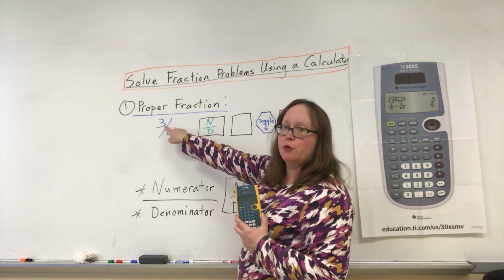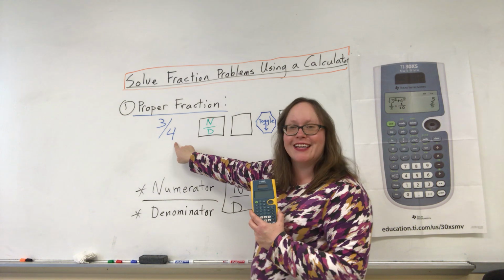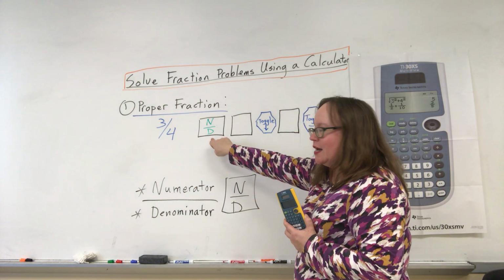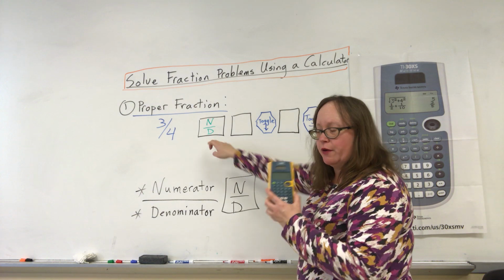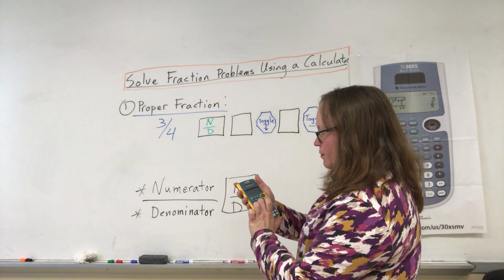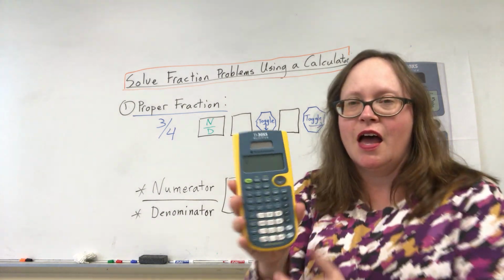The 3 is the numerator, the 4 is the denominator. After I put this button into my calculator, I'm going to see some blinky things on it. Do you see blinky things on your calculator?